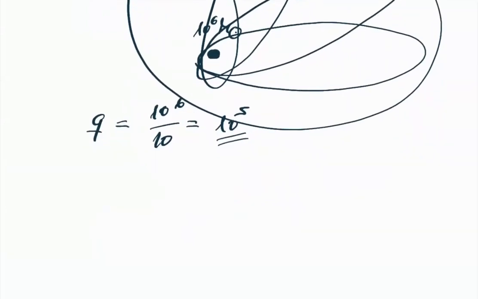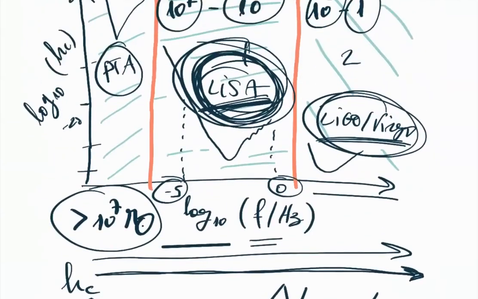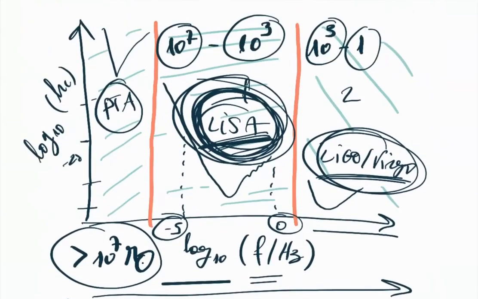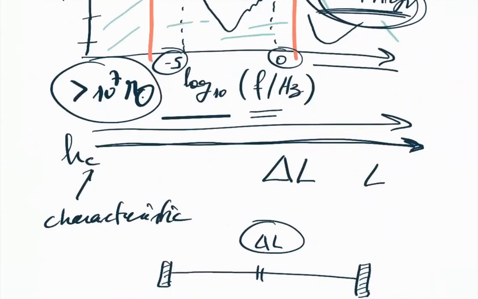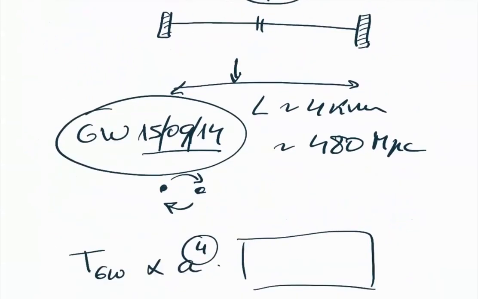So how did we actually make the first measurements of gravitational waves? Well, in the case of LIGO and Virgo, the first source that they ever measured, which is this one over here, the system was composed of two black holes of masses about 40 solar masses.